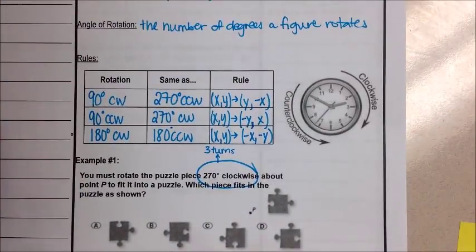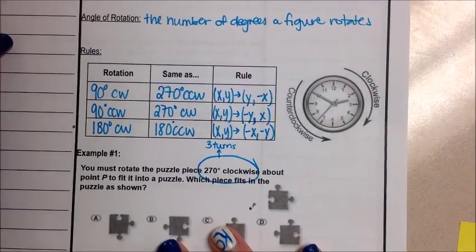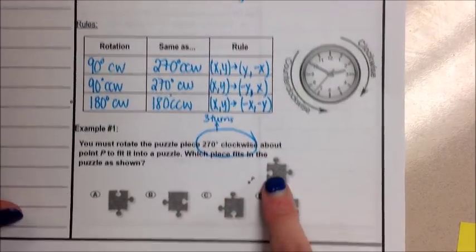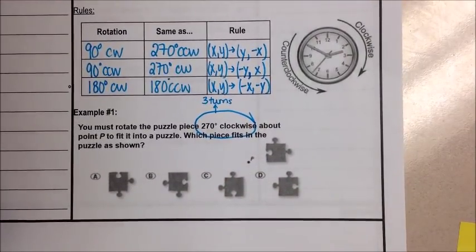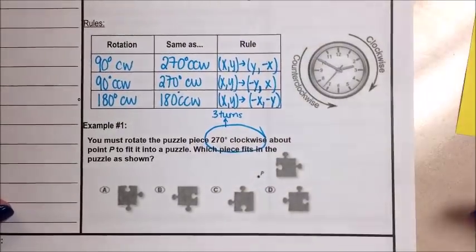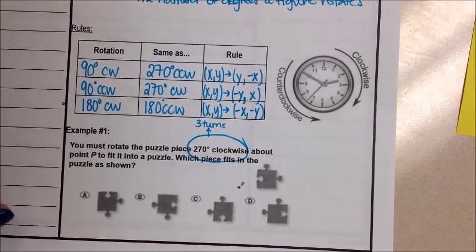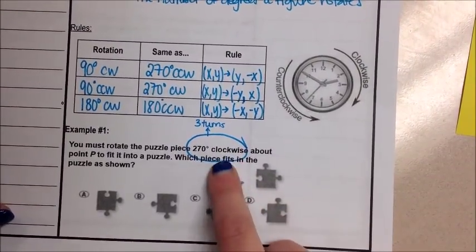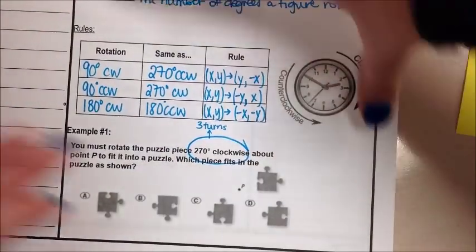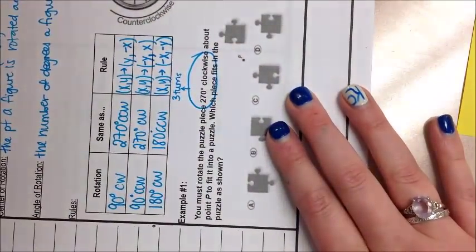If this is a 90-degree turn, I'd need 3 of those. So I'm going to rotate this, and then draw what it looks like after I rotated it. It's clockwise, so I'm going to go to the right. So 1 turn, that's 90, 2 turns, that's 180, 3 turns, that's 270.